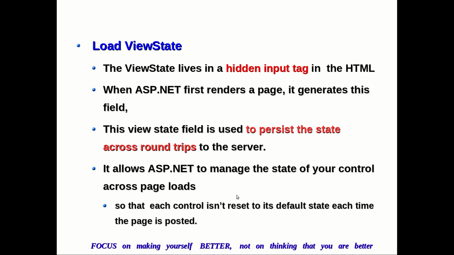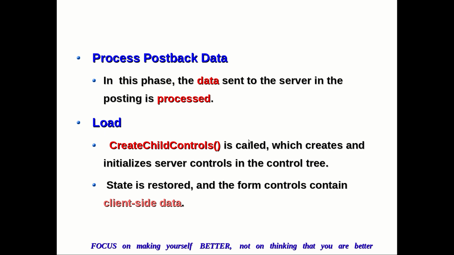So it will not be reset with its default state, it will always be set with the current state of the user control. That is the advantage here. So load view state will have a hidden input tag where all the view state information will be stored.